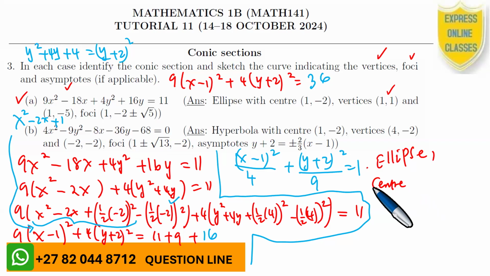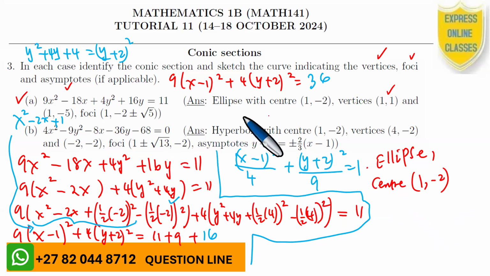Right. So we continue. The center is (1, -2).